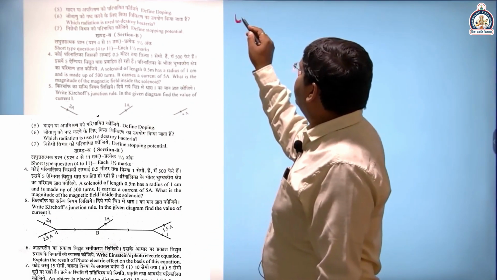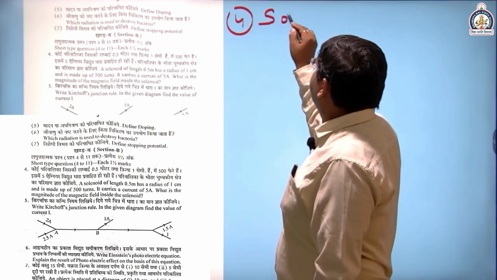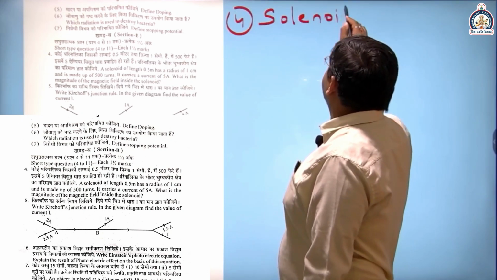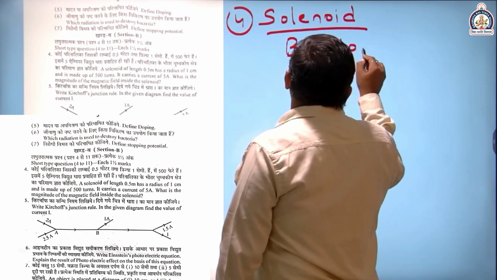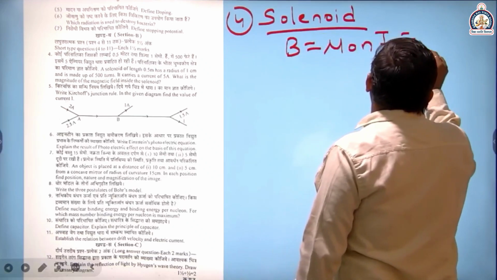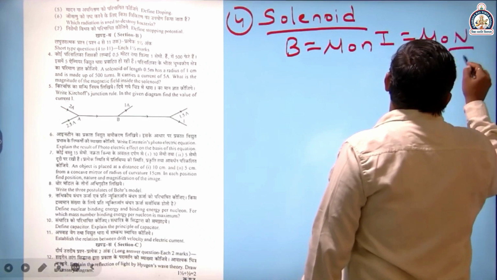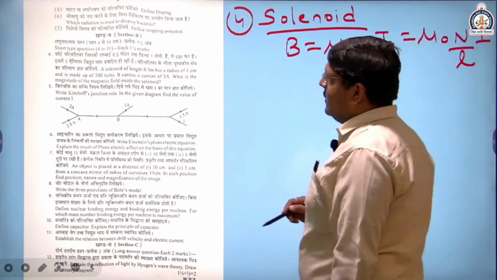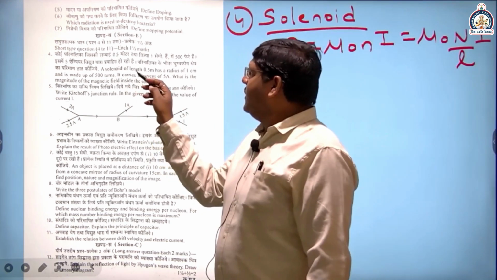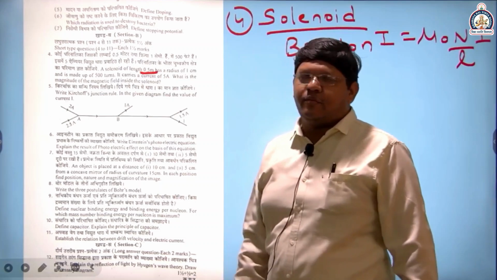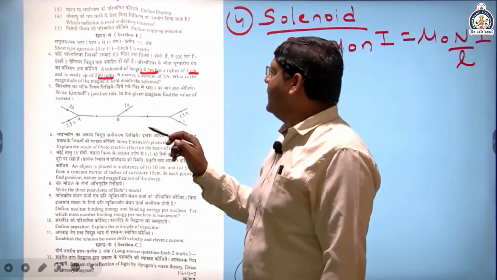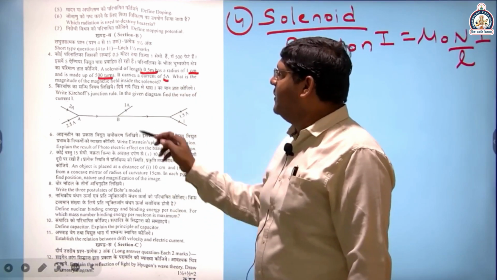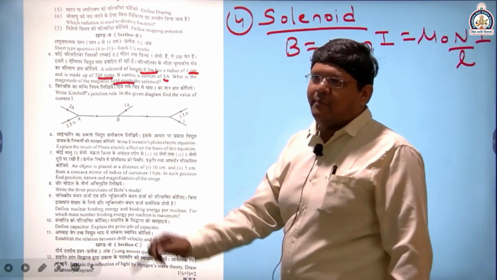The fourth question is a numerical related to the solenoid. As we all know, a solenoid has a magnetic field B equal to mu naught n I, where small n can be written as capital N upon L. Now coming to the question: a solenoid of length 0.5 meter, radius 1 centimeter, number of turns 500, carries a current of 5 ampere. What is the magnitude of the magnetic field?